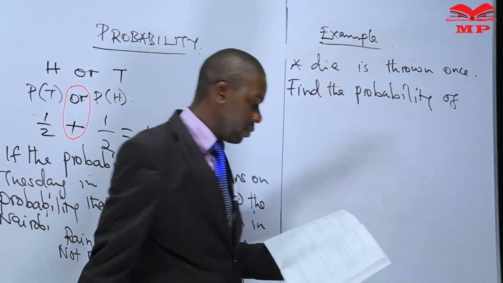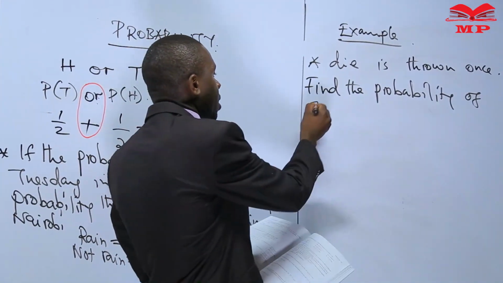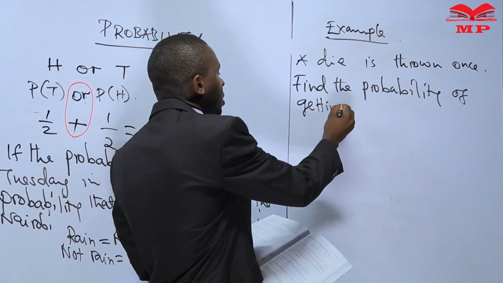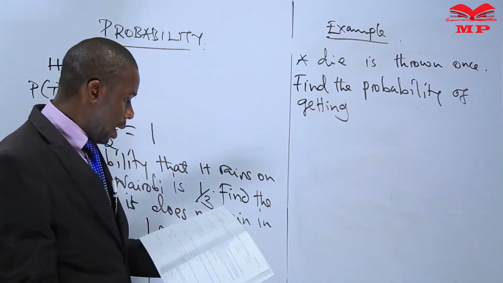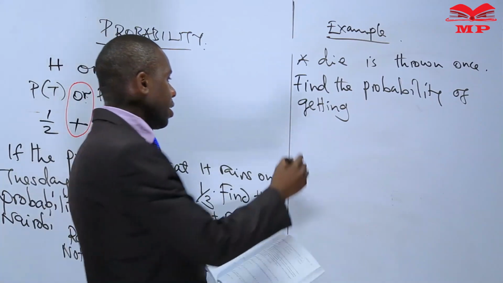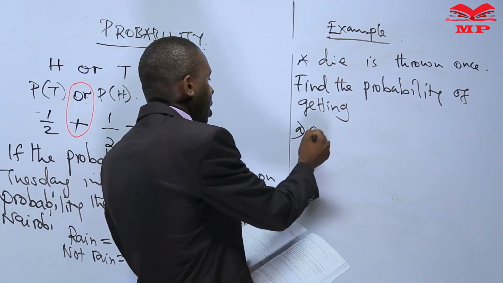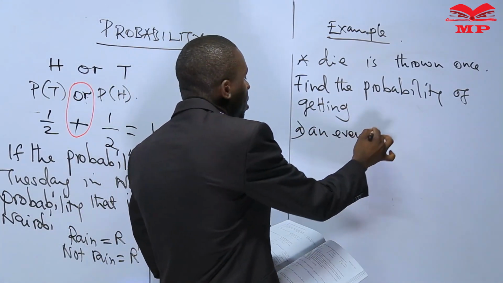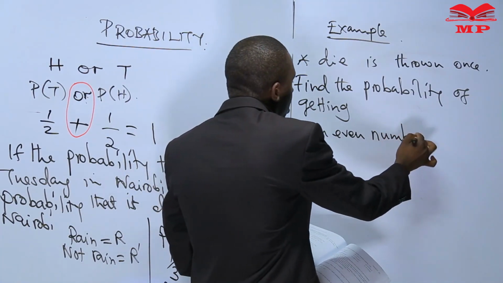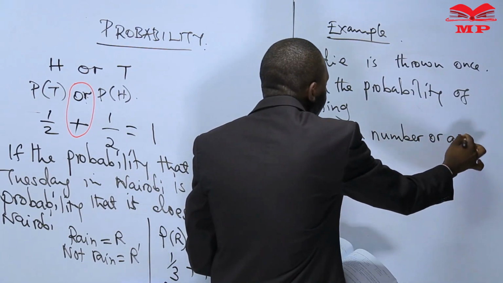Find the probability of getting A, an even number or a 3.